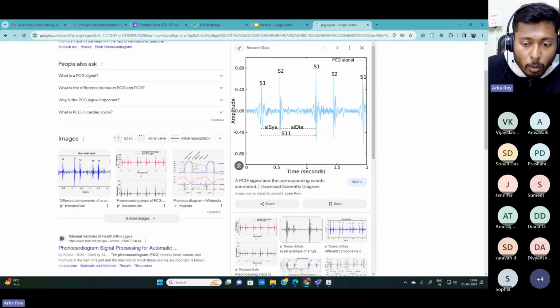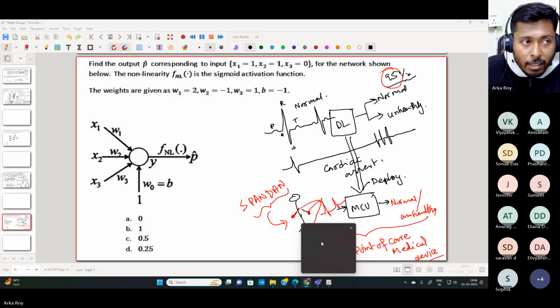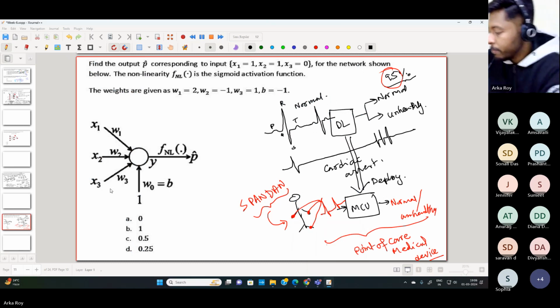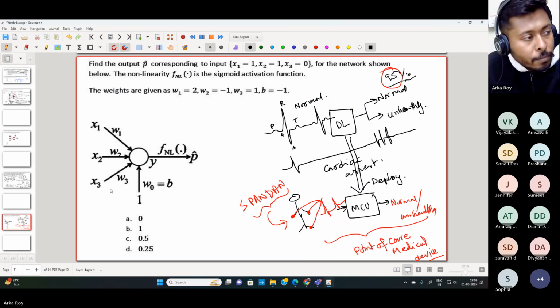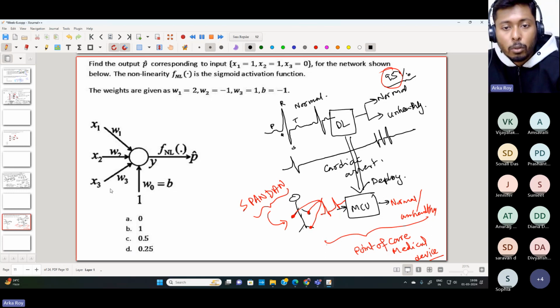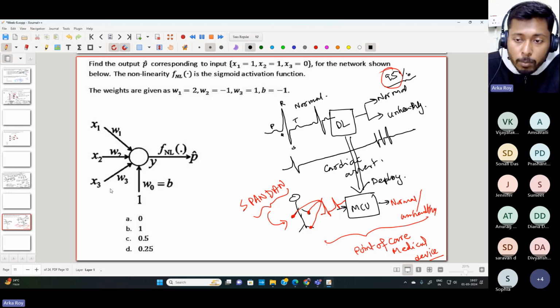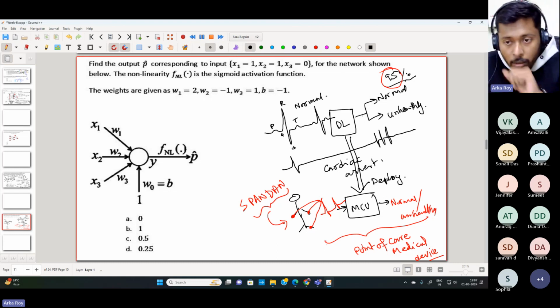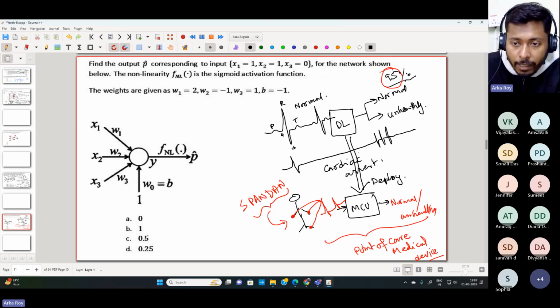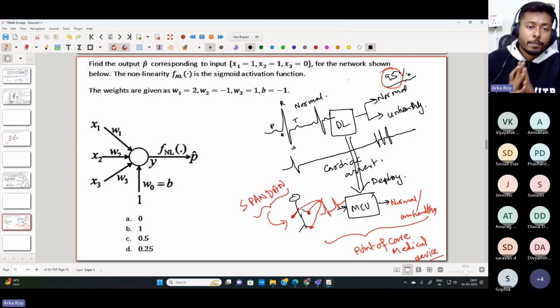So you need to check back all these conditions before deploying the model in real time. Even though your model is performing very well on the clean data set, at the time of testing your model may fail to recognize the correct class. So you need to check back all these conditions.